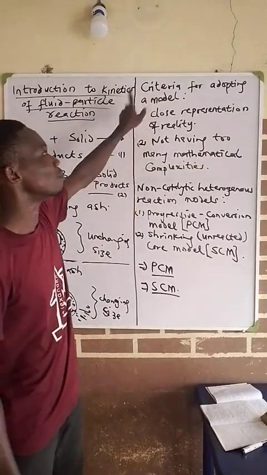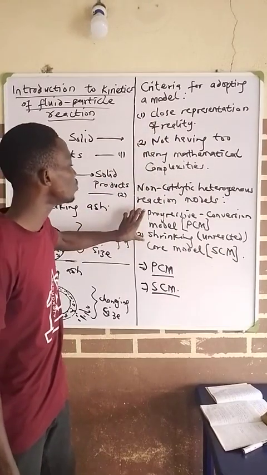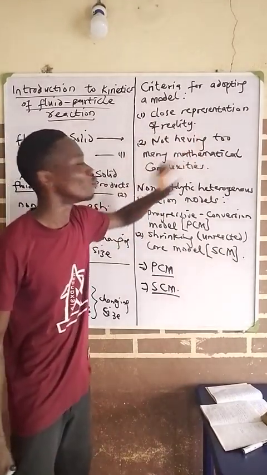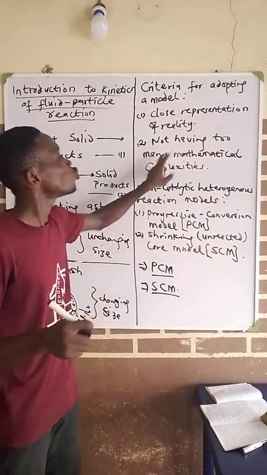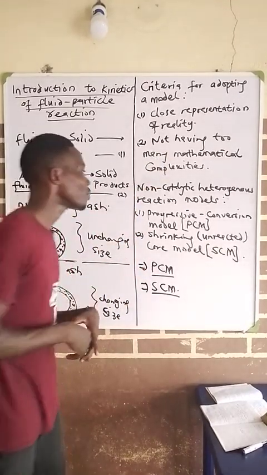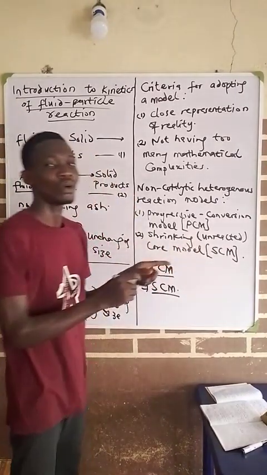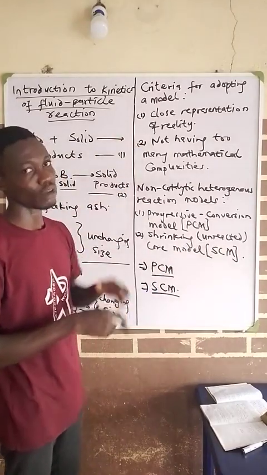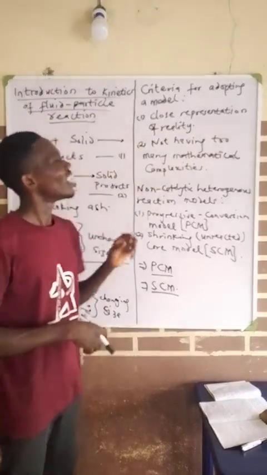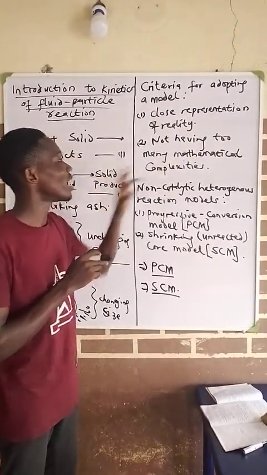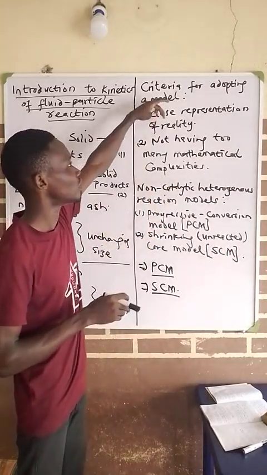Assuming everything else is equal, that is, assuming these two models do not have too many mathematical complexities, you will agree with me that the shrinking unreacted core model will be chosen as the best model. Both do not have many mathematical complexities, but one represents reality more.